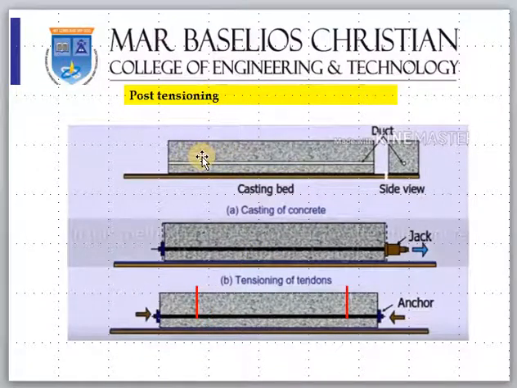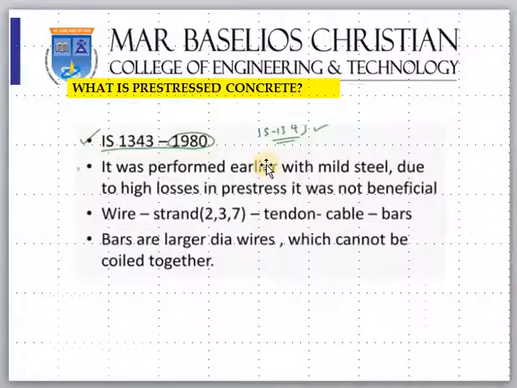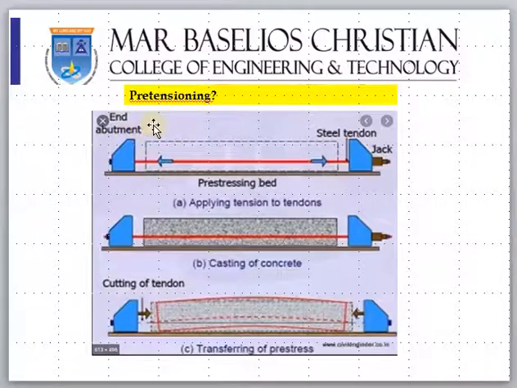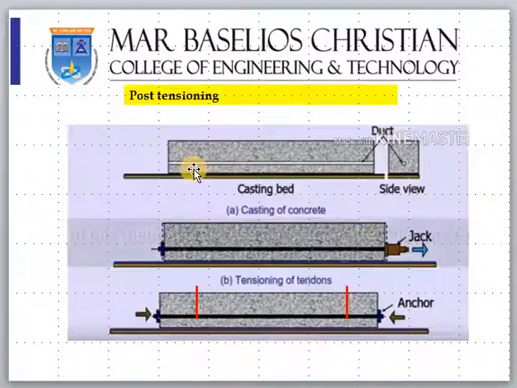Previously we have seen that in pre-tensioning the steels are stretched first, then concrete is poured. Here we put a duct inside. Duct is nothing but like a tube, in which the steel can move freely. There will not be any connection between the concrete and the steel inside. It is like putting a steel inside a tube.